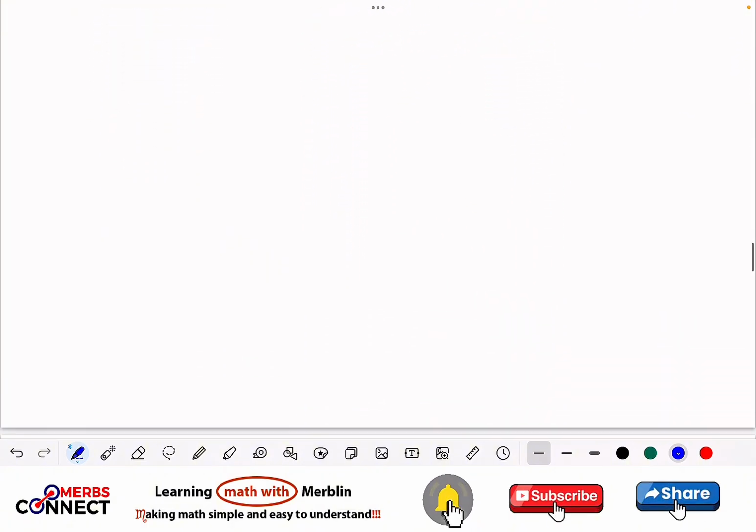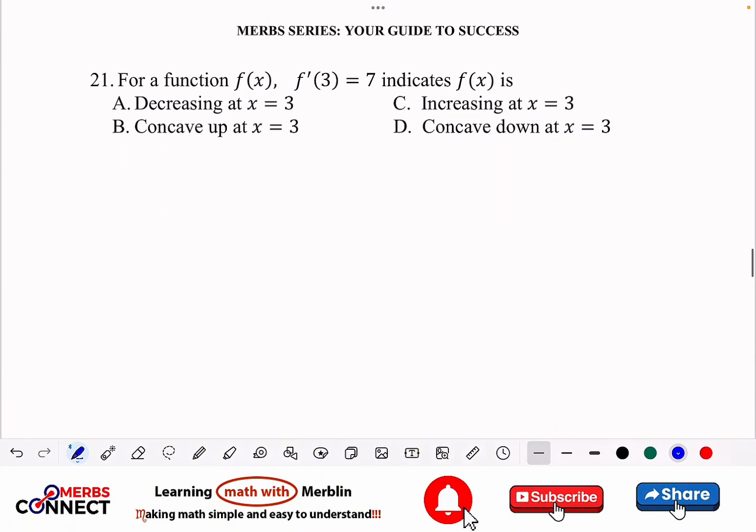Now let's look at 21. For a function, f prime of x is positive, which is 7. Assuming that we have a function and f prime of 3 is 7, this means that this is greater than 0.